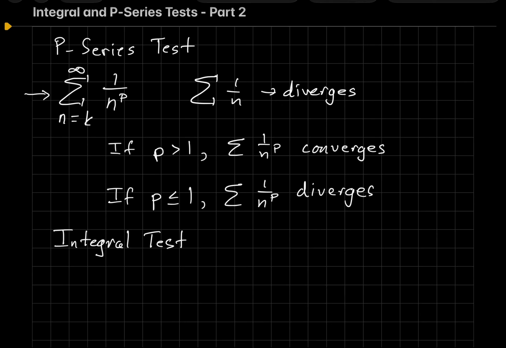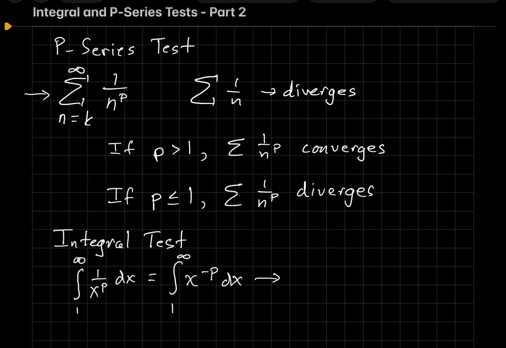So without loss of generality, let's consider the integral from 1 to infinity of 1 over x to the p, which I could rewrite as the integral from 1 to infinity of x to the negative p dx. Now, I'm not going to go through all the correct notation. This is just to get the idea of what's going on.